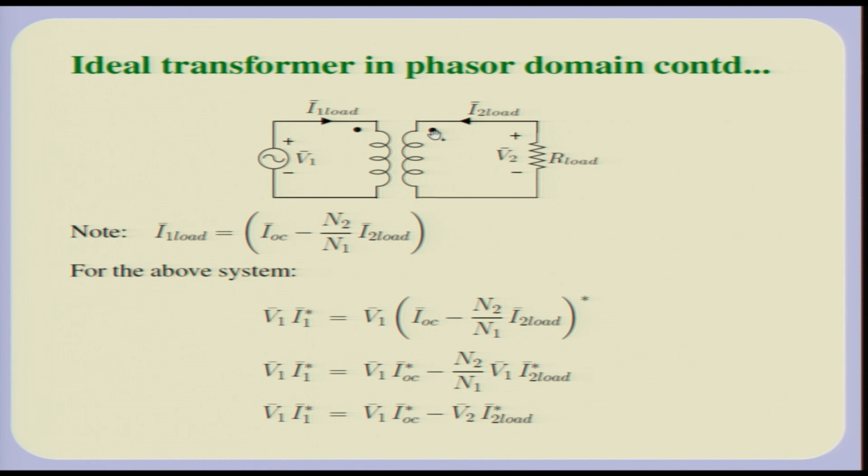So, in fact, if you reverse the direction of the current, and if you assume IOC is small or negligible compared to the load currents, in that case what you will see is that V1 I1 star is equal to minus V2 I2 star with the current going into the dot, or plus V2 I2 star if the current is going away from the dot. Okay.